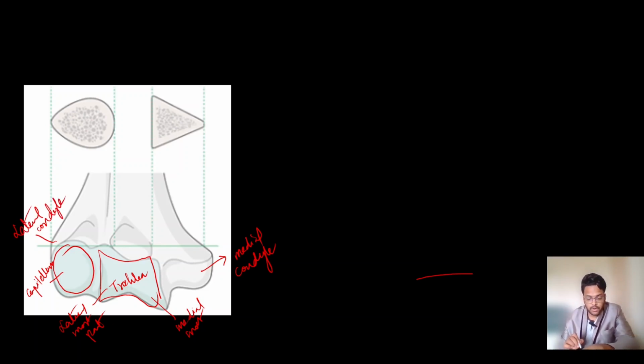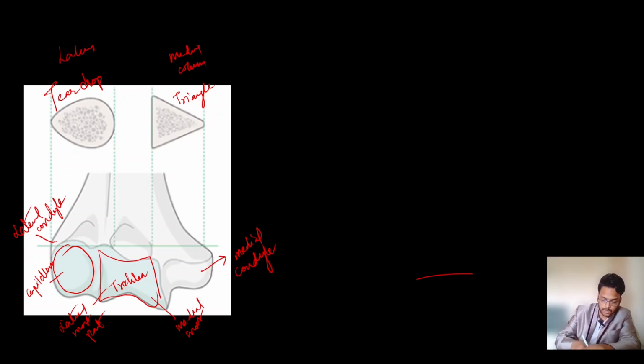So the lateral condyle, as you can see above, is in teardrop shape. Okay, and the medial condyle, the medial column, is in the triangular shape. The medial column is triangular and the lateral column is teardrop shape.